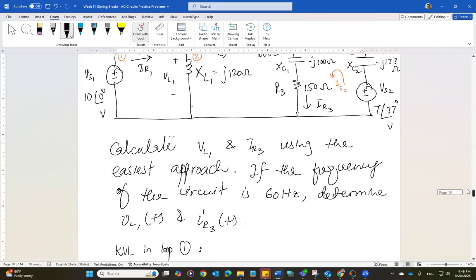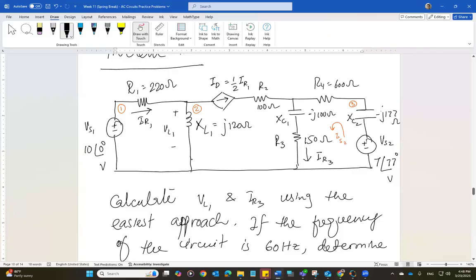That KVL equation is going to be VS1 is the voltage, IR1 is the current, which is passing through R1 and XL1 in the clockwise direction, and ID direction is opposite of that. Remember, ID is flowing in this direction. So that is opposing IR1.